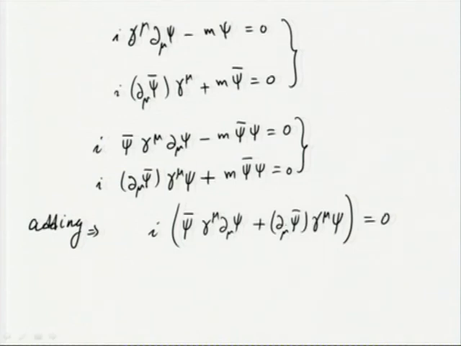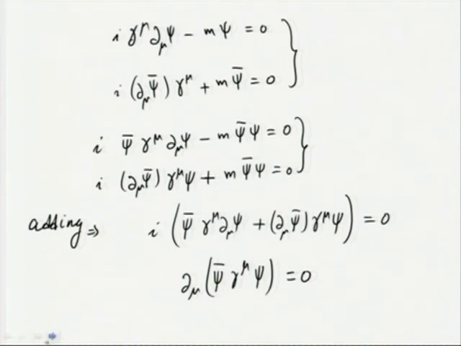Since gamma mu is a constant as far as the spatial coordinate and time coordinate is considered, the derivative will not act on that. So, we can actually write this as total derivative acting on psi bar gamma mu psi. So, this is the divergence of psi bar gamma mu psi, which is equal to 0.